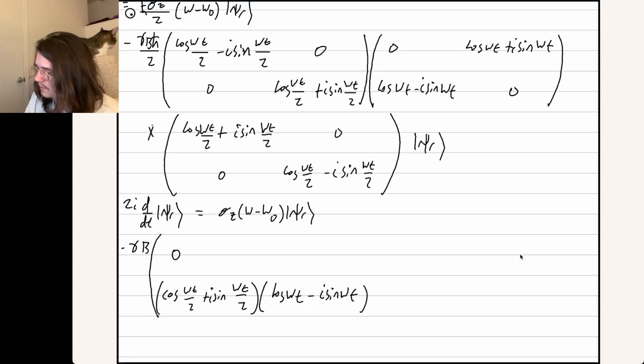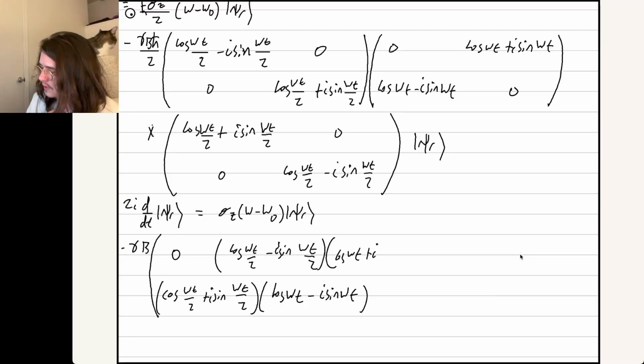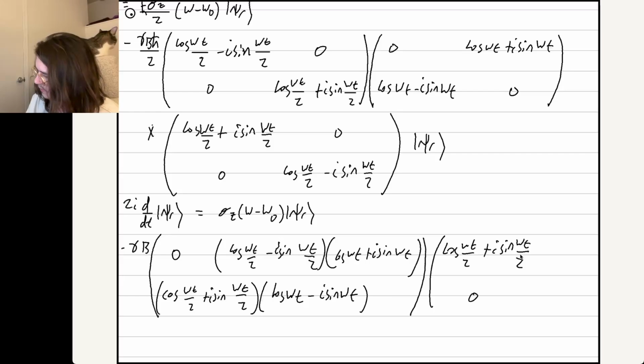And then this stuff was cosine omega t over 2 minus I sine omega t over 2 times cosine omega t plus I sine omega t. All of that, again, times the last of these rotation matrices, which I've already written down on the last line, which look like that. Still just acting on psi r.